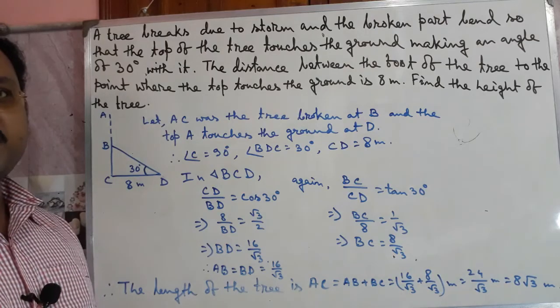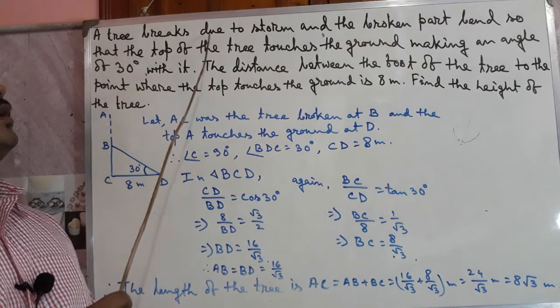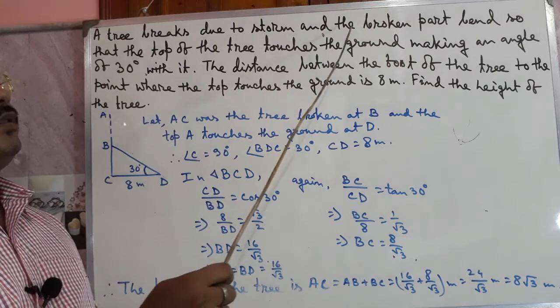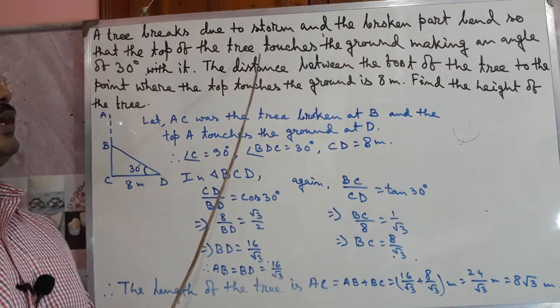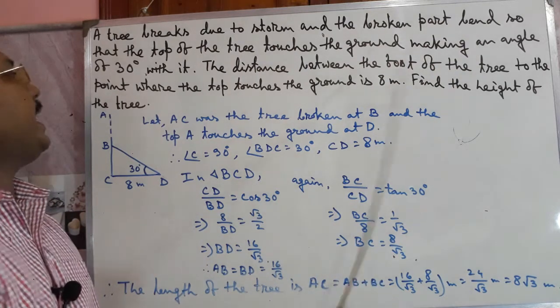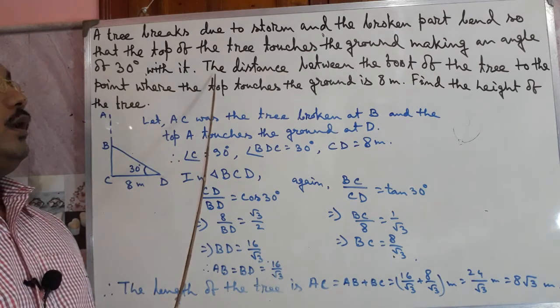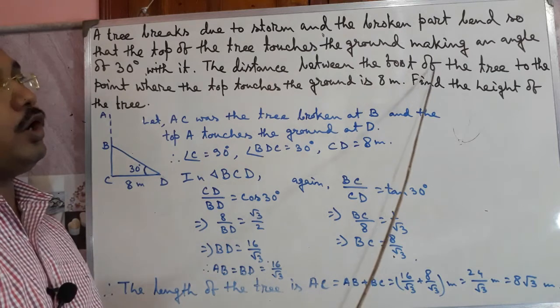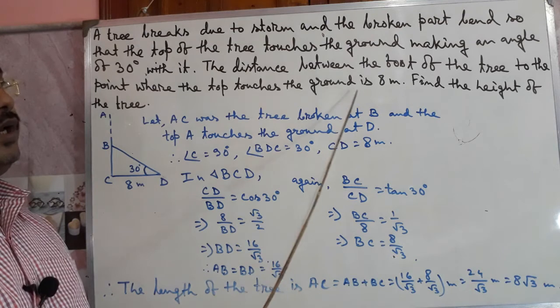A problem in this chapter: a tree breaks due to a storm and the broken part bends so that the top of the tree touches the ground, making an angle of 30 degree with it. The distance between the foot of the tree and the point where the top touches the ground is 8 meter.